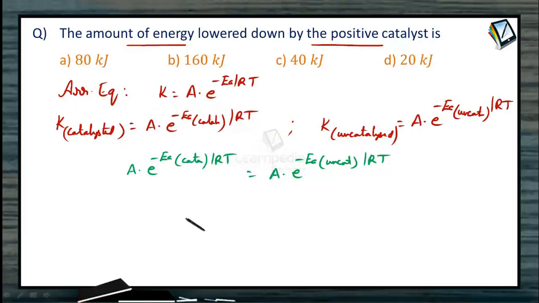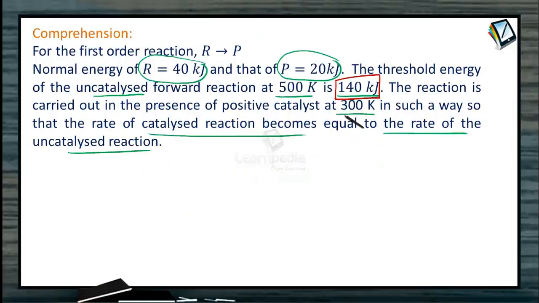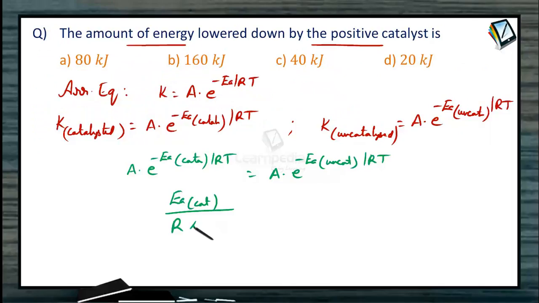We get like this. And after cancelling the common terms, activation energy of the catalyzed reaction upon R into temperature, the catalyzed reaction is carried out at 300 Kelvin, into 300 is equal to activation energy of the uncatalyzed reaction upon R into, and the uncatalyzed reaction is carried out at 500 Kelvin.